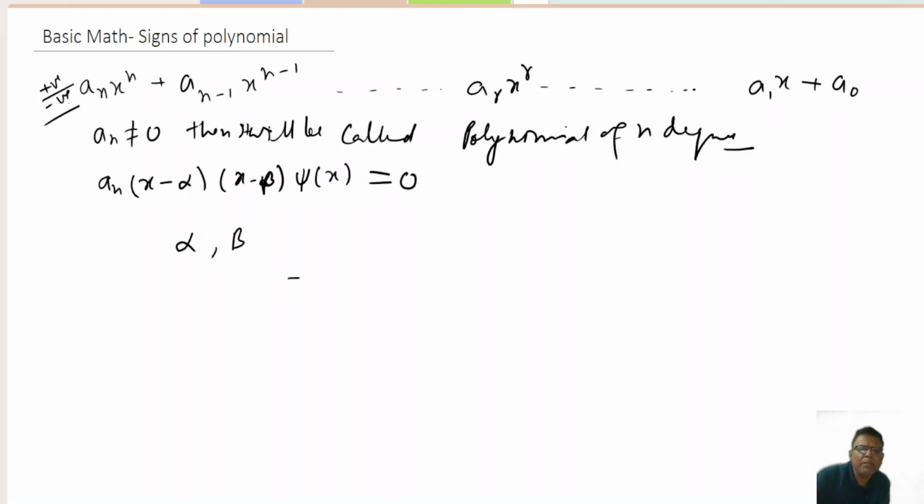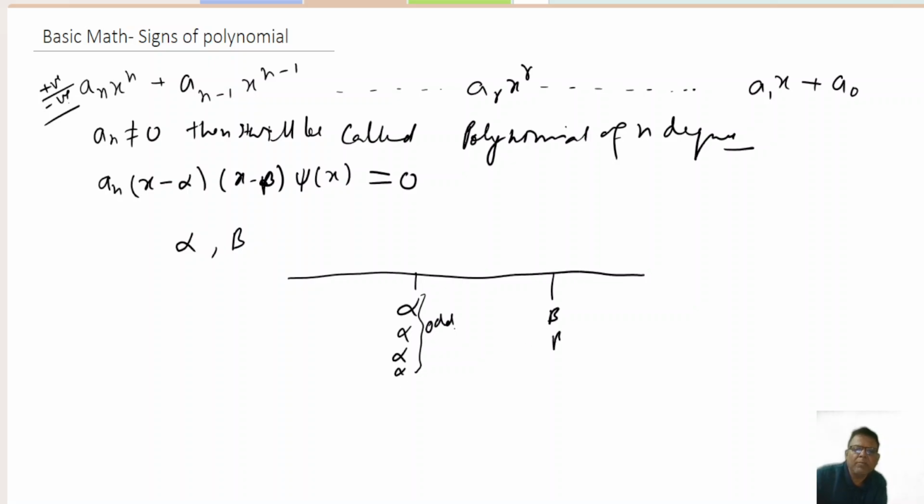Now you plot alpha and beta on the number line. Somewhere alpha comes here, somewhere beta comes. If alpha comes 2 times, 3 times, 4 times, you see whether that is odd or even. For example, alpha coming 5 times is odd, beta coming 2 times is even.